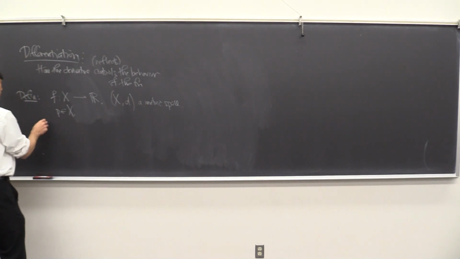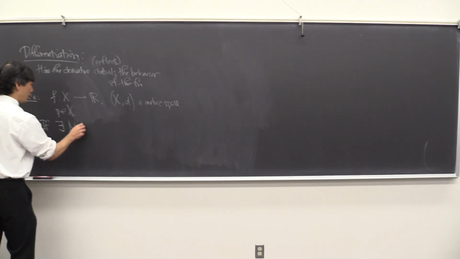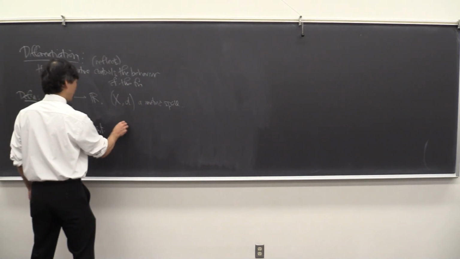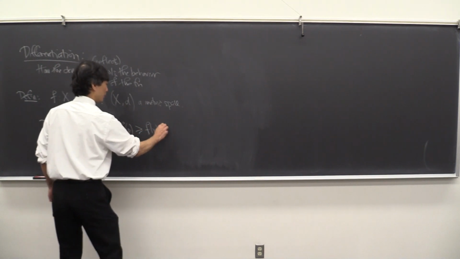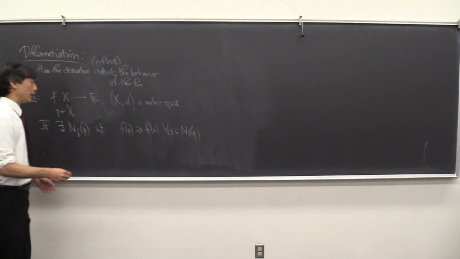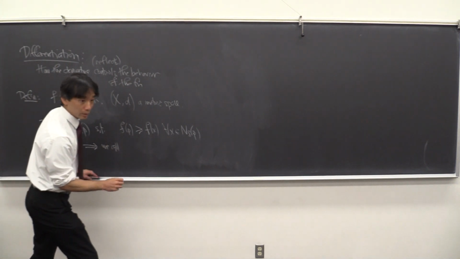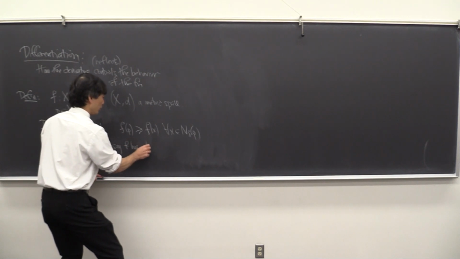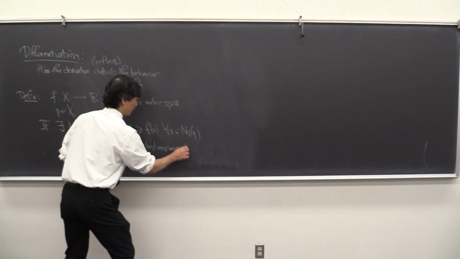If there exists a neighborhood around that point such that the value at that point is bigger than everybody else in the neighborhood, then we say f has a local maximum at P.